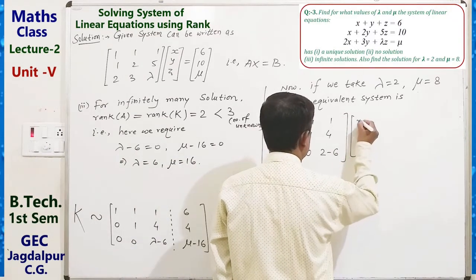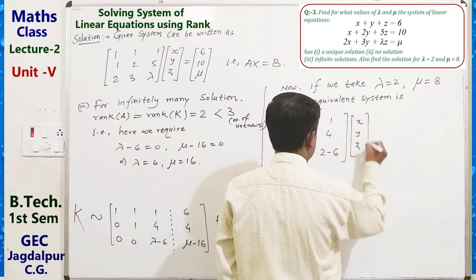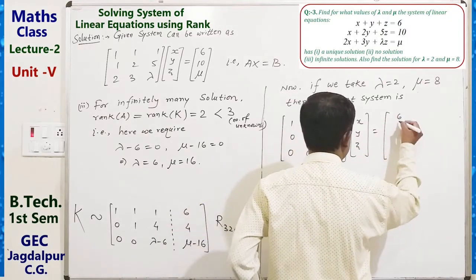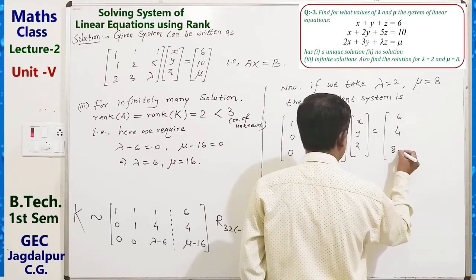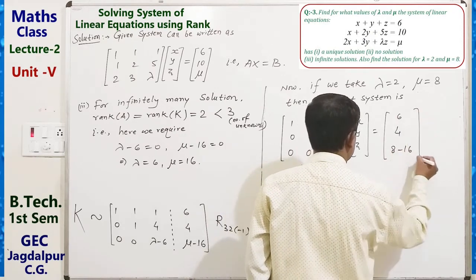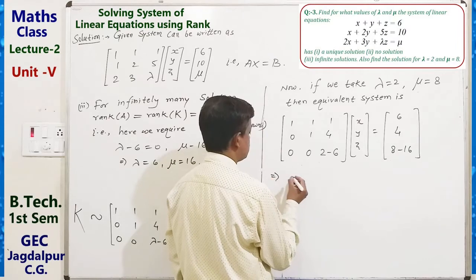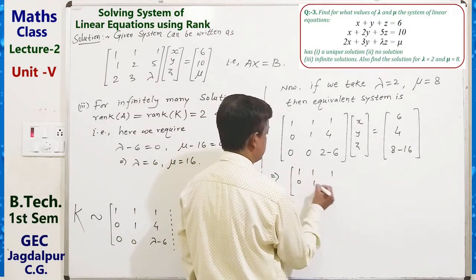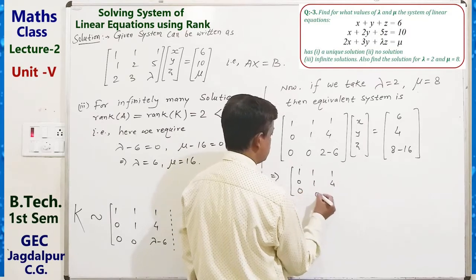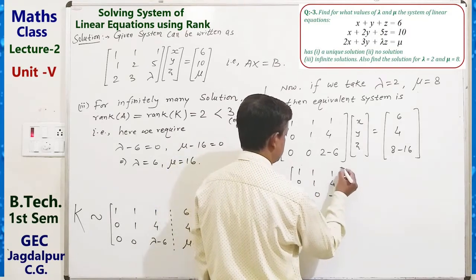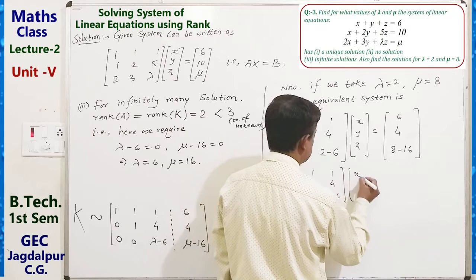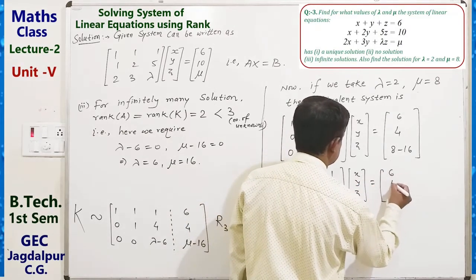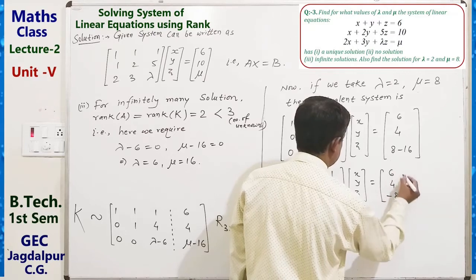Here x, y, z equals 6, 4, minus 8, so we see that x y z equals 6 4 minus 8.